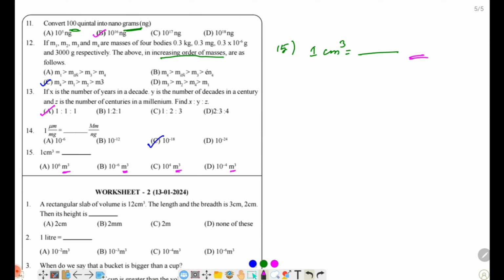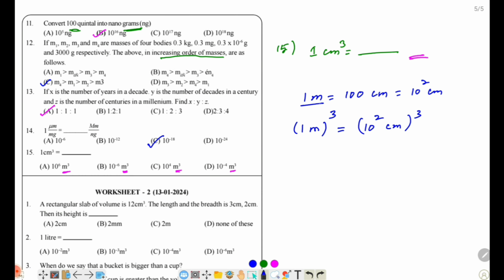We know that 1 meter is 100 centimeter, or you can write it as 10 power 2 centimeter, right? So 1 meter cube is equal to 10 power 2 centimeter whole cube.